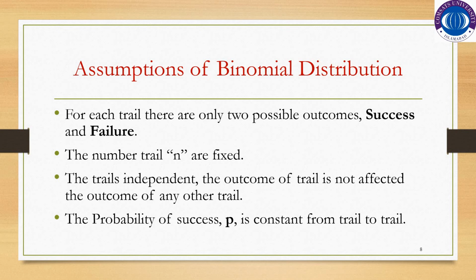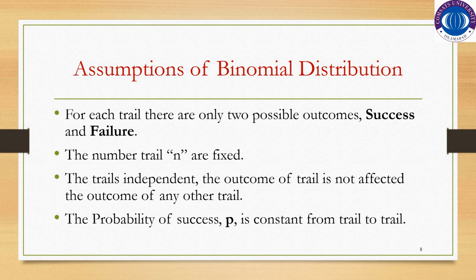The second assumption is, the number of trials is fixed. The number of trials is represented by small n. The trials are independent. What does that mean? It means the outcome of a trial is not affected by the outcome of any other trial.